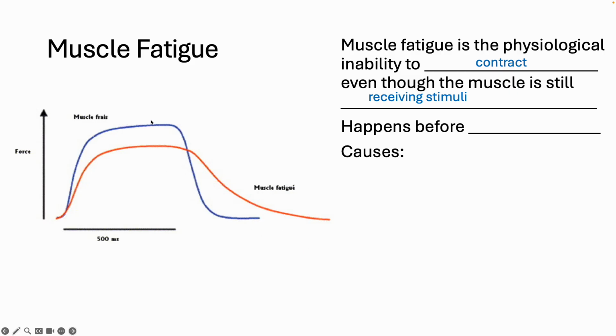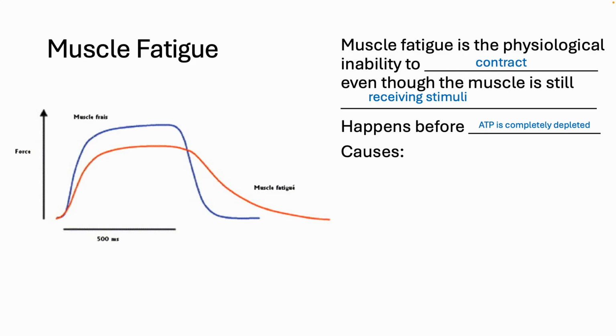You can see you're not getting as strong of a contraction with it as it is fatigued. This happens before the ATP is completely depleted. So we'll talk about ATP production because it plays a major role in muscle contraction. So even though your ATP is not completely depleted, your muscles fatigue and they essentially can't contract to the level that they were, even though they are still being stimulated.